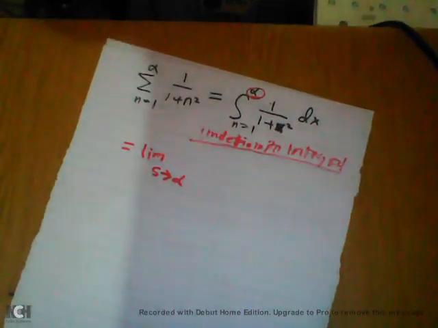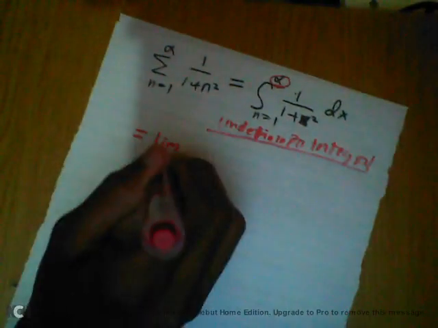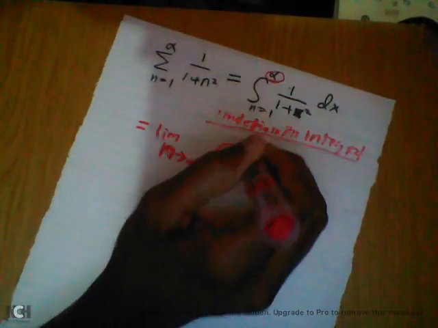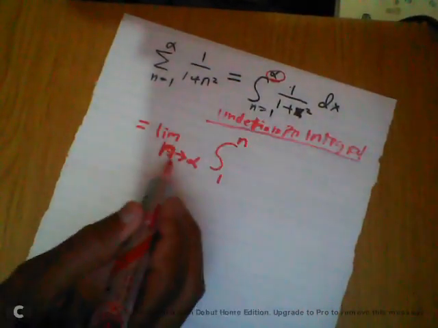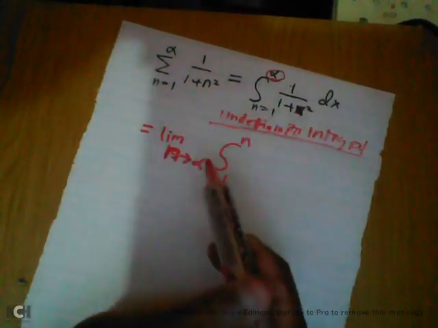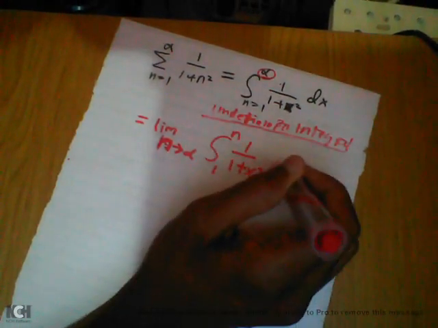So the integral goes from 1 to n, and we don't write infinity anymore, because we want to change this to a definite integral of 1 over x squared dx.